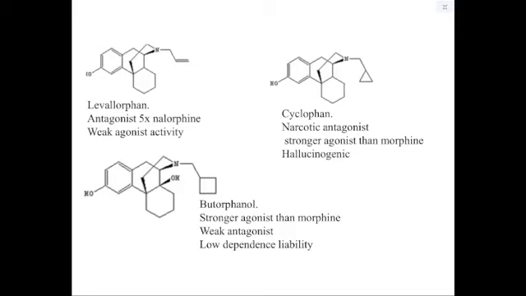You can see these are cyclo, 3 carbon atoms, so it will have much higher antagonist activity. The allyl group is known to have very high antagonist activity, and you can see the number of carbon atoms is in total 3.